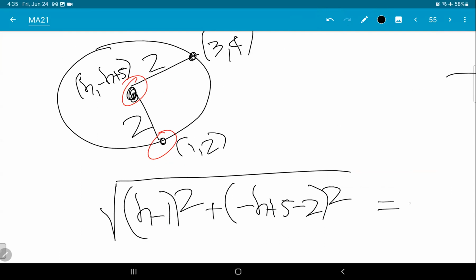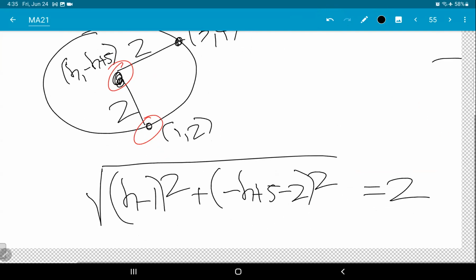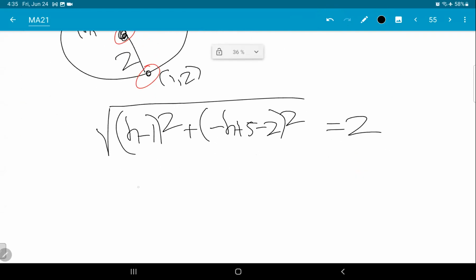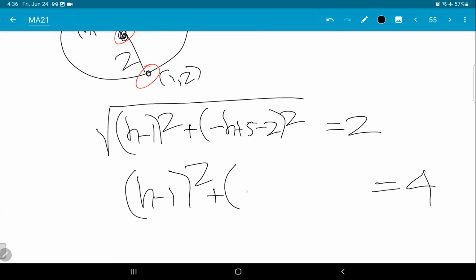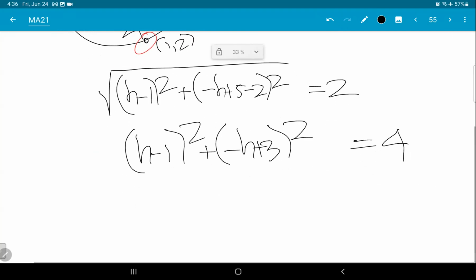And then radius is 2. Ayan. Then square both sides. Square mo yan. Magiging equal to 4 yung right hand side. Then mawawala yung radical dito. Ayan. And you have a quadratic equation in h.